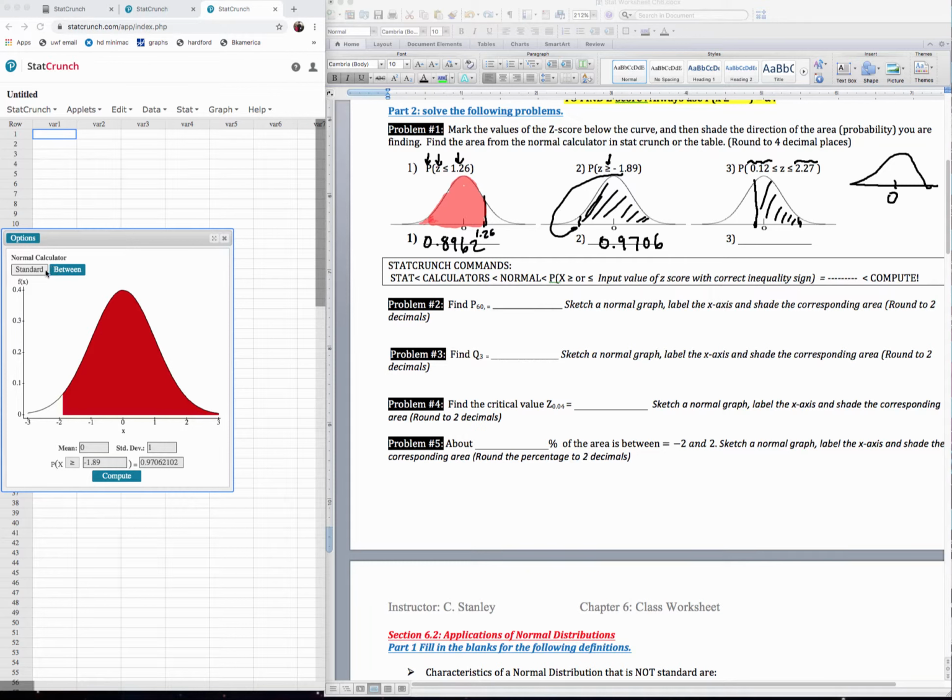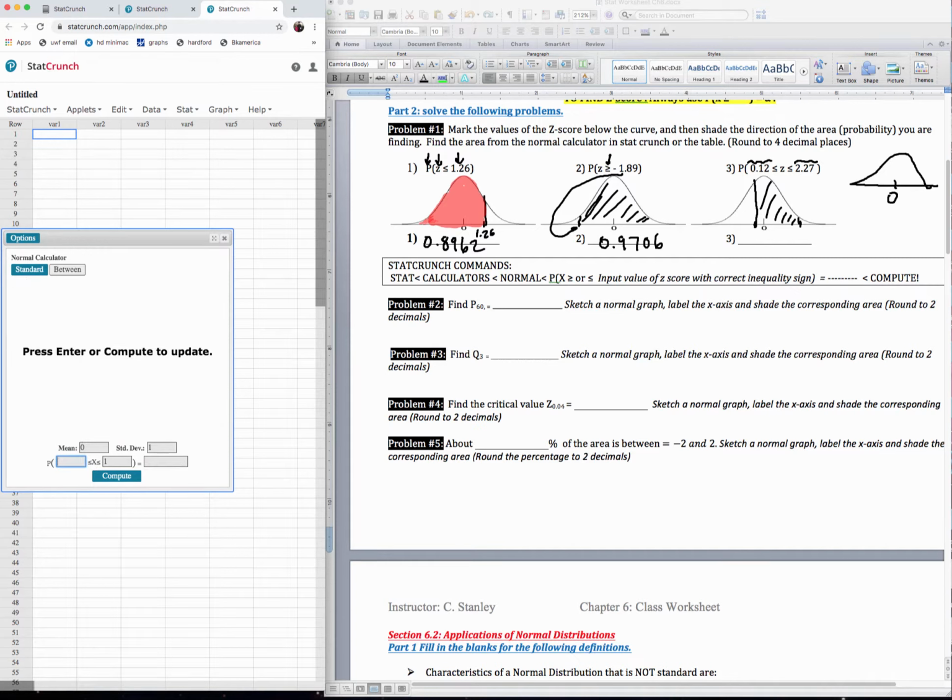So now what I'm going to do is, instead of hitting standard, I'm going to hit between. And then keep the mean and standard deviation the same, and I just change this to 0.12, and then over here to 2.27. And voila, 0.4406.